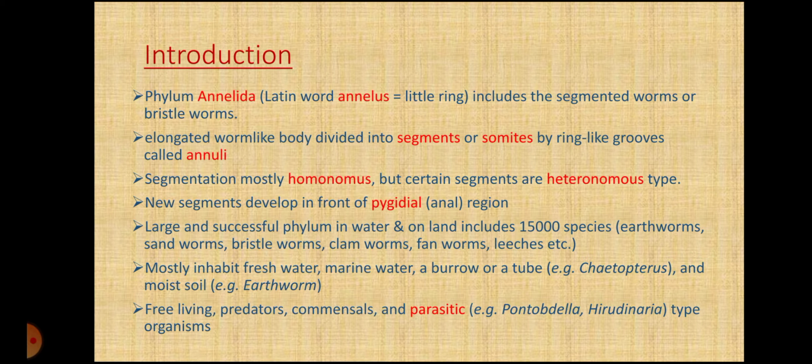Generally, the body of annelids consists of three regions. The anterior region is called the prostomium, the middle segmented region is called the trunk, and the posterior region, having the ventral anus, is called the pygidium. Annelids are the first coelomate animals with nephridial excretion, metameric segmentation and a closed circulatory system.